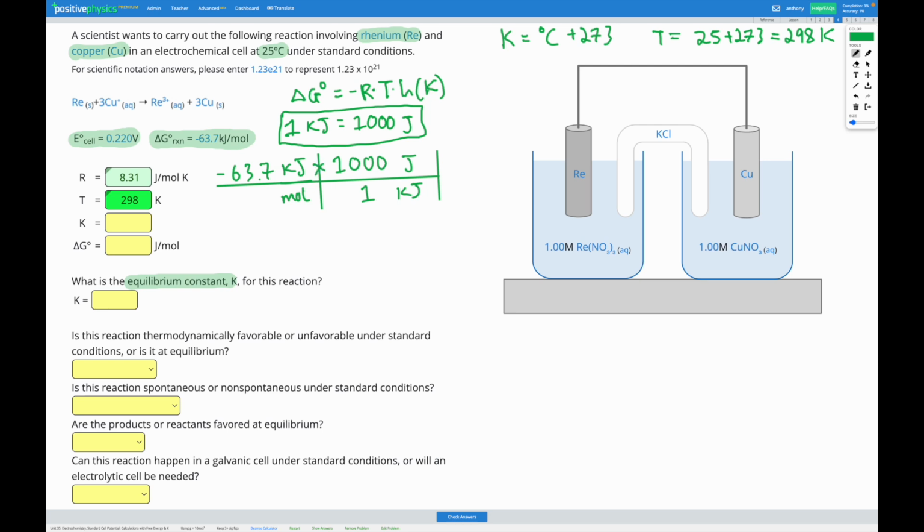I'm going to multiply everything on the top, multiply everything on the bottom, and then divide top by bottom. So the kilojoules will cancel. I'm left with negative 63.7 times 1,000 divided by 1, and my units are joules per mole. If I put that in my calculator, I get negative 63,700 joules per mole. So I can go ahead and enter that here.